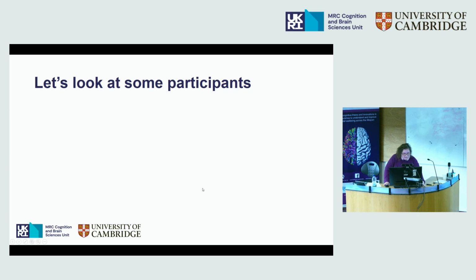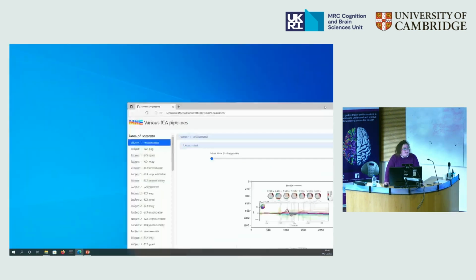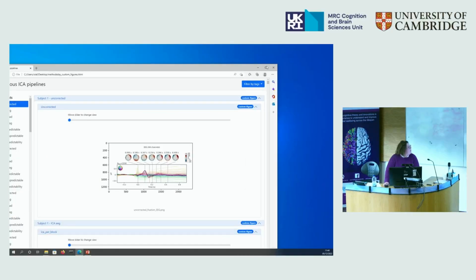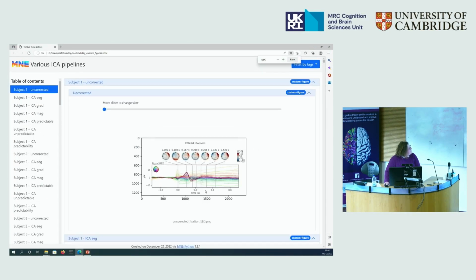And let's look at some data. Okay, so this is, let's see if I can increase this, yes. This is how the fixation-related potentials look when uncorrected. We see that there's this spike potential.